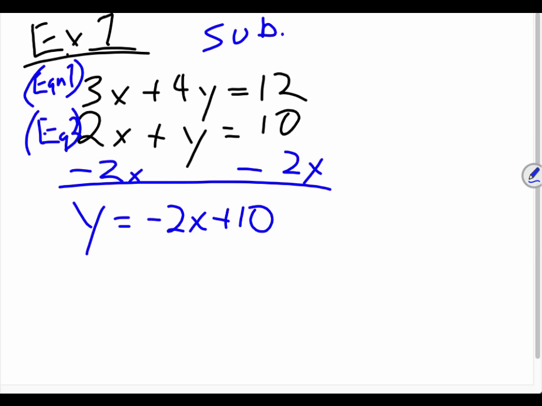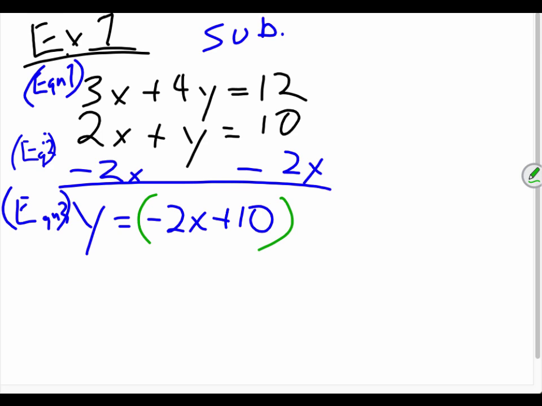Okay. So when I do this, let me move that over here a little bit, out of the way. This technically is still equation number 2, I just wrote it differently. So because that's y, I could take equation number 2 and plug it into y in equation number 1.